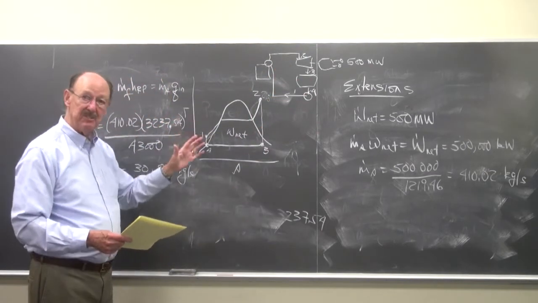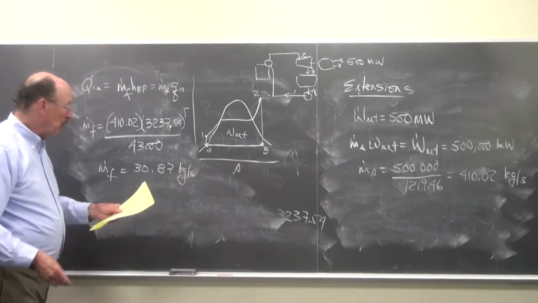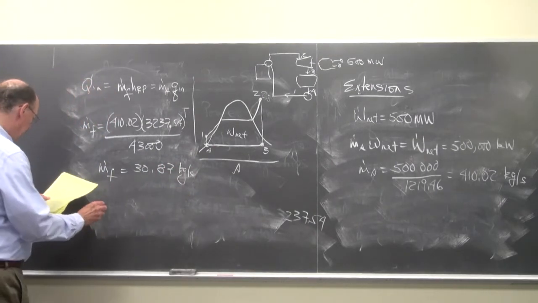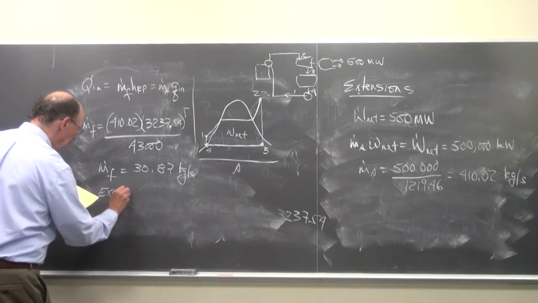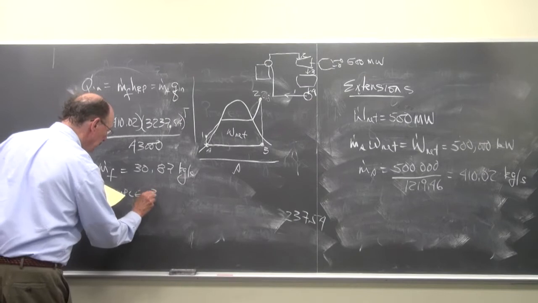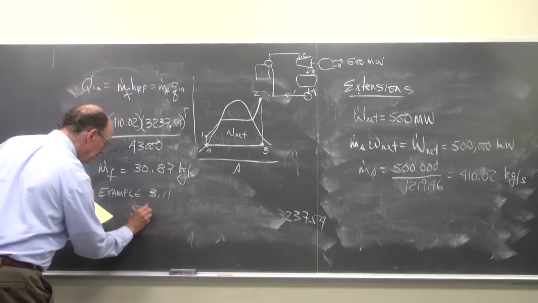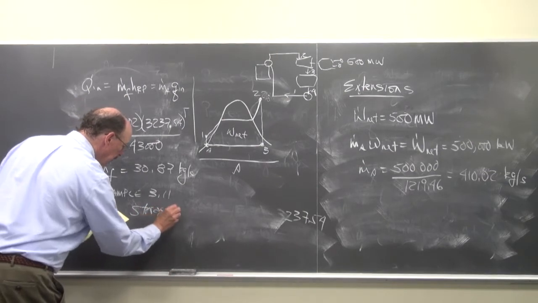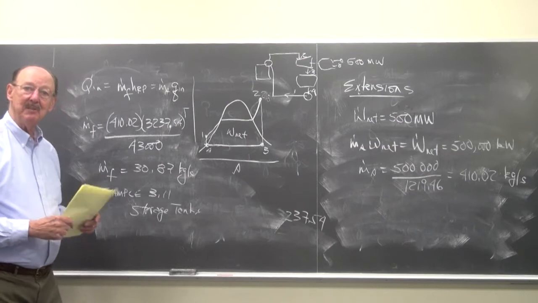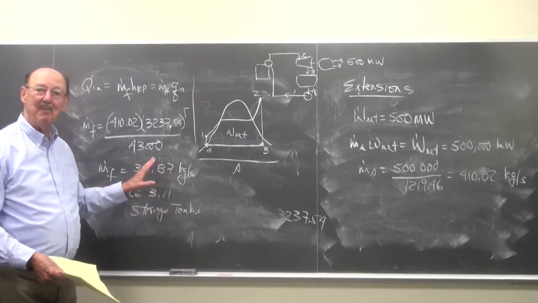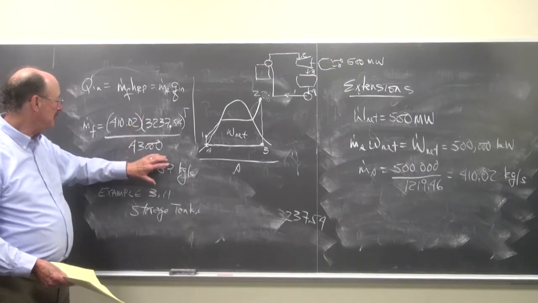So these are extensions, and often things are framed with this. And so look at example 311. It had to do with storage tanks. So if you go back and look in chapter 3, we were able to figure out how big the storage tanks would be if I knew this fuel flow rate.